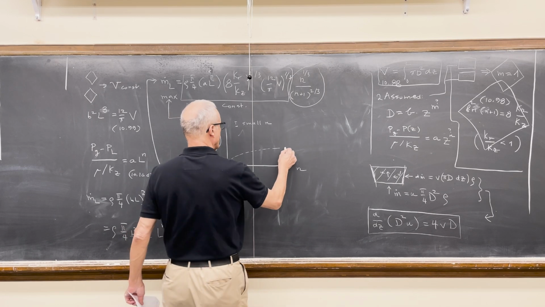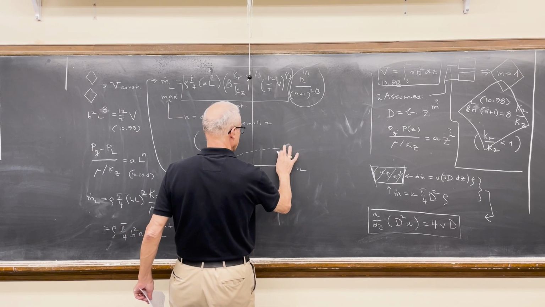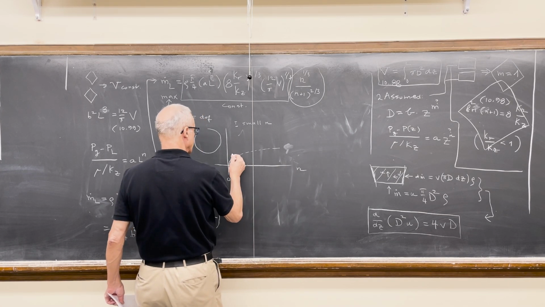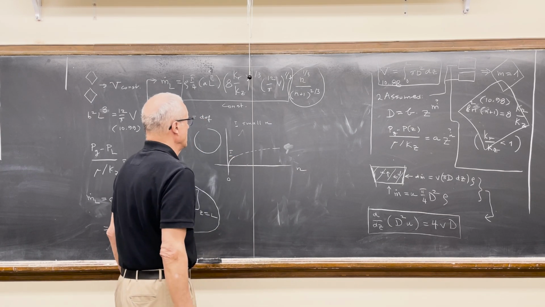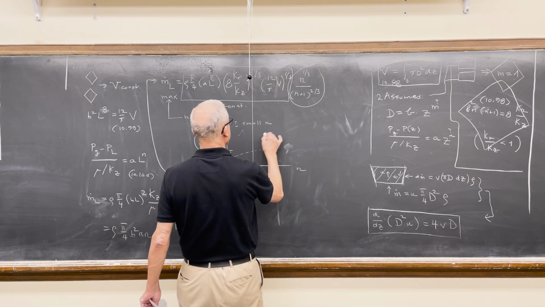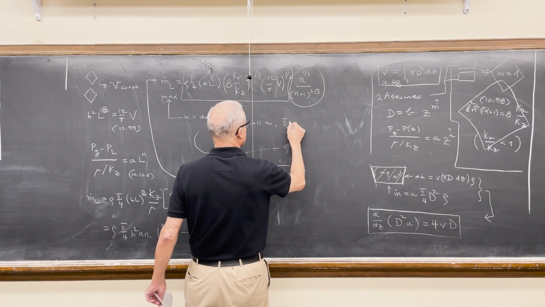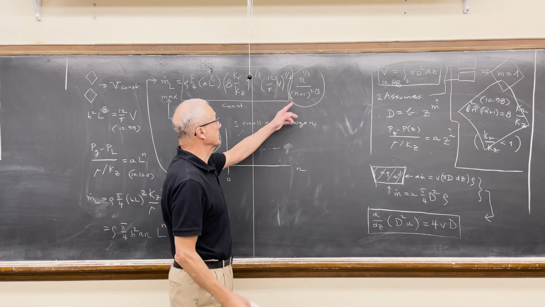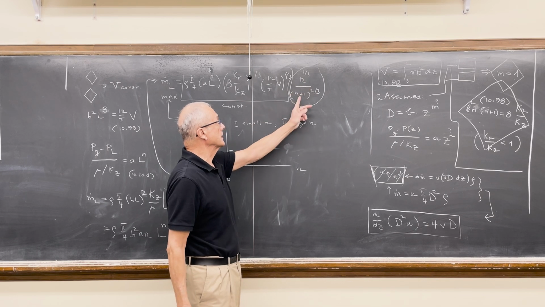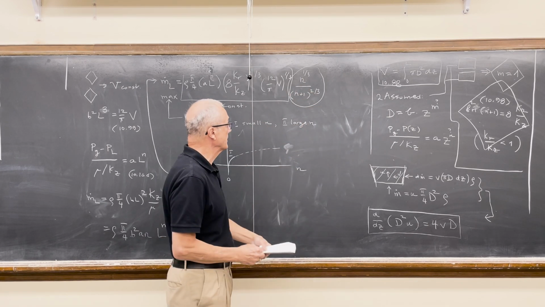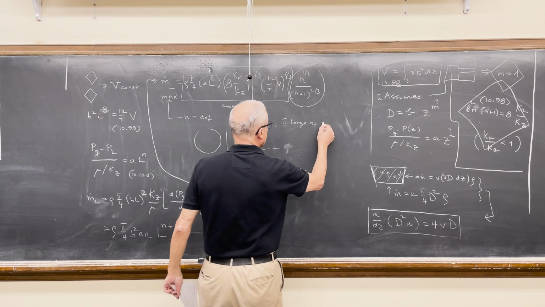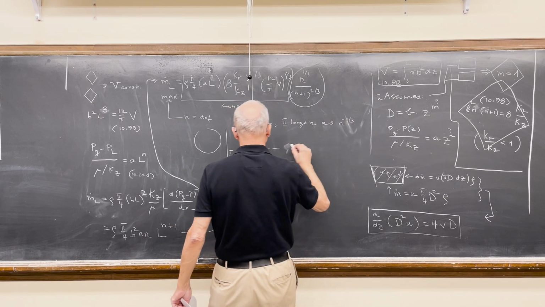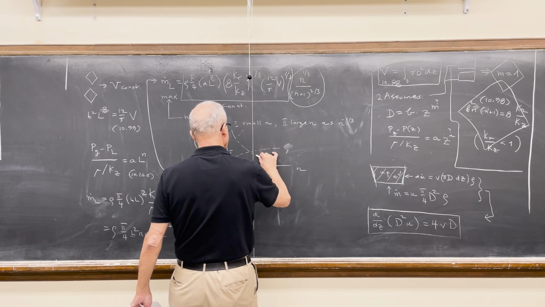So that's Roman 1. By the way, Roman 1 is correct in the small n limit. And Roman 2 is large n. In that limit, large n means n to 1/3 divided by n to 2/3, so Roman 2 varies as n to minus 1/3. So that means like this.